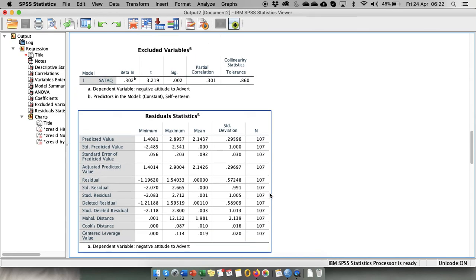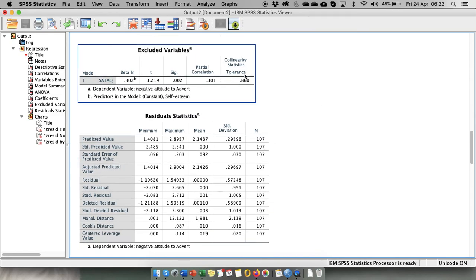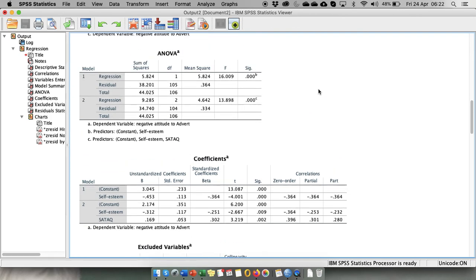And you want to use collinearity or tolerance statistics to look at whether the two predictor variables strongly correlate. In this case, it presents no problem.